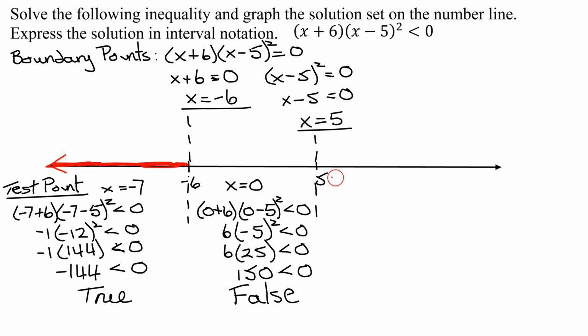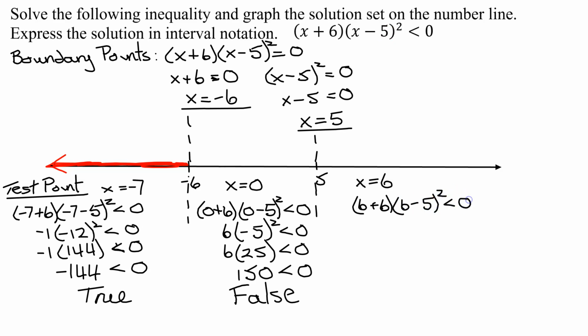And now I need to pick a test point that's bigger than 5. So how about x equals 6? Plug that into my inequality. So I get 6 plus 6 times 6 minus 5 all squared.